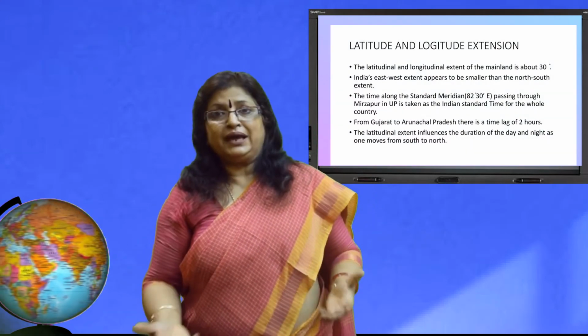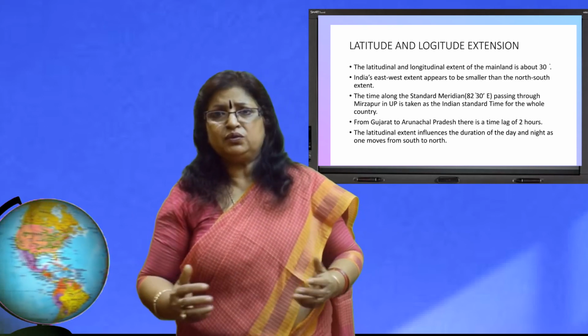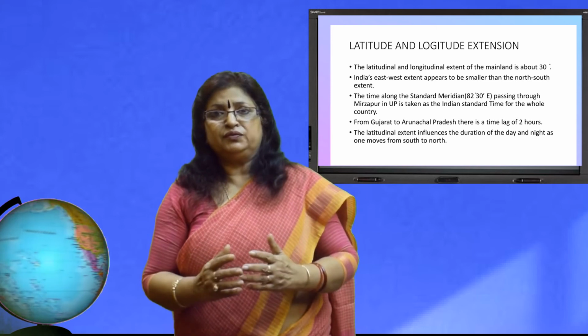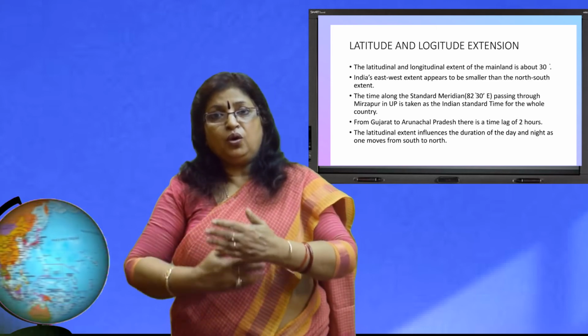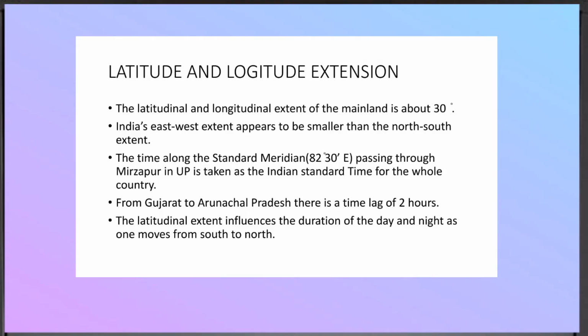Because of this time gap of 2 hours, there will be a lot of confusion, children. People cannot do their work properly. We would have to change our timing all the time. So to avoid such confusion, in India, like every country, we follow the local time of a place called Mirzapur that lies at 82.5 degrees east, in the state of Uttar Pradesh.